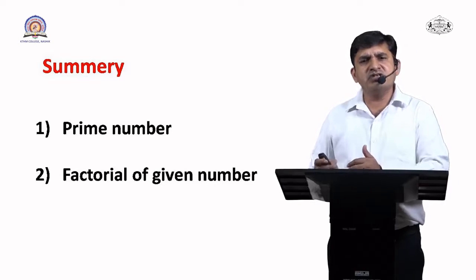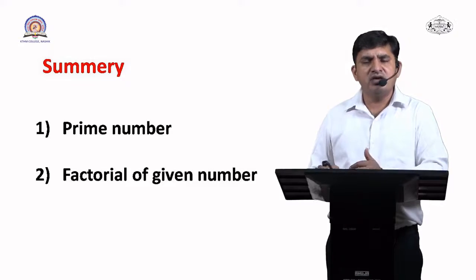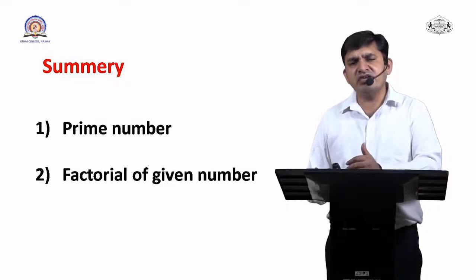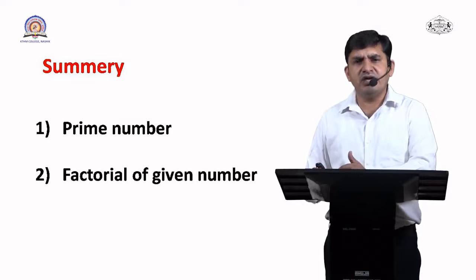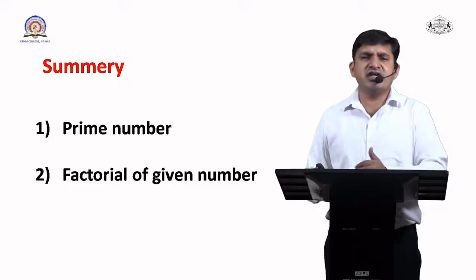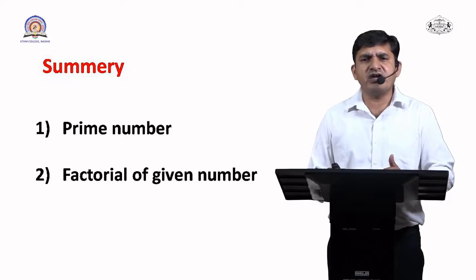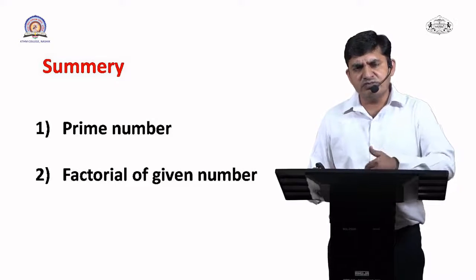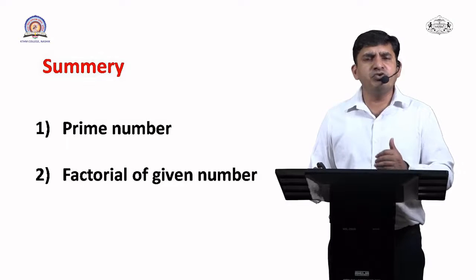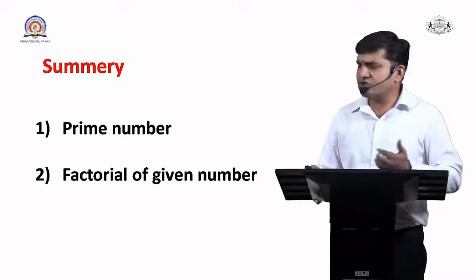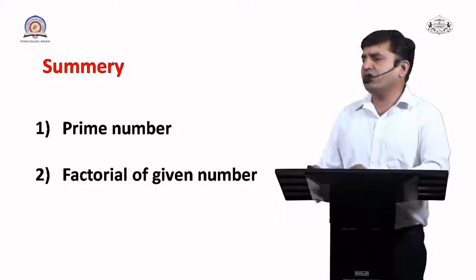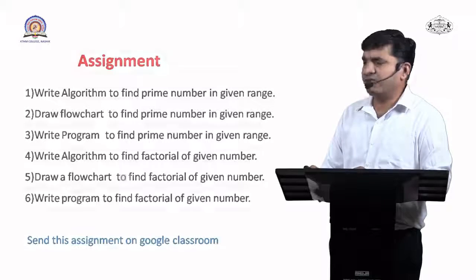The counter is incremented by 1, and we check the condition, that is counter is less than or equal to n, and the process is carried out, that is fact is equal to fact into counter. This process is carried out as long as the condition is satisfied, so that we get the factorial of the given number.